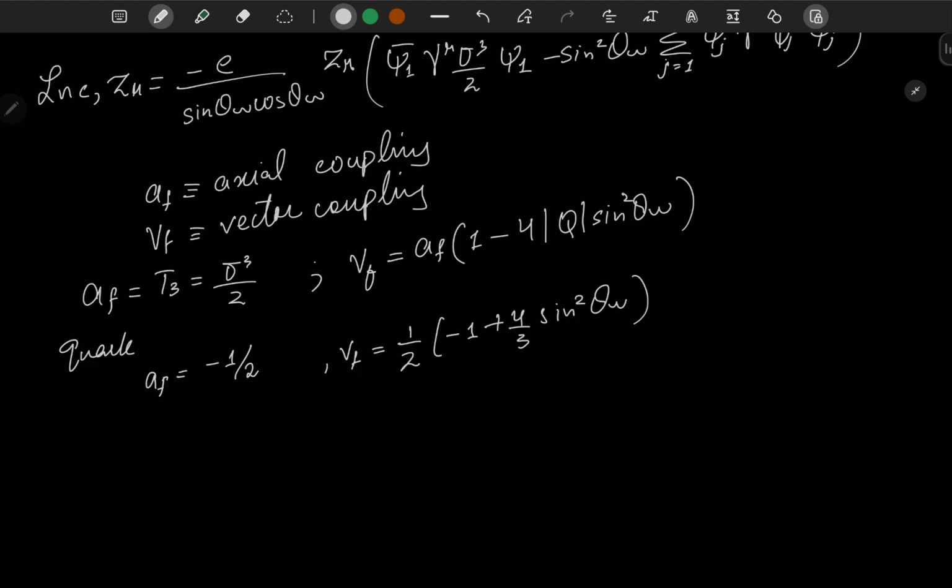So for up-type quarks, okay, I think I got it wrong here.